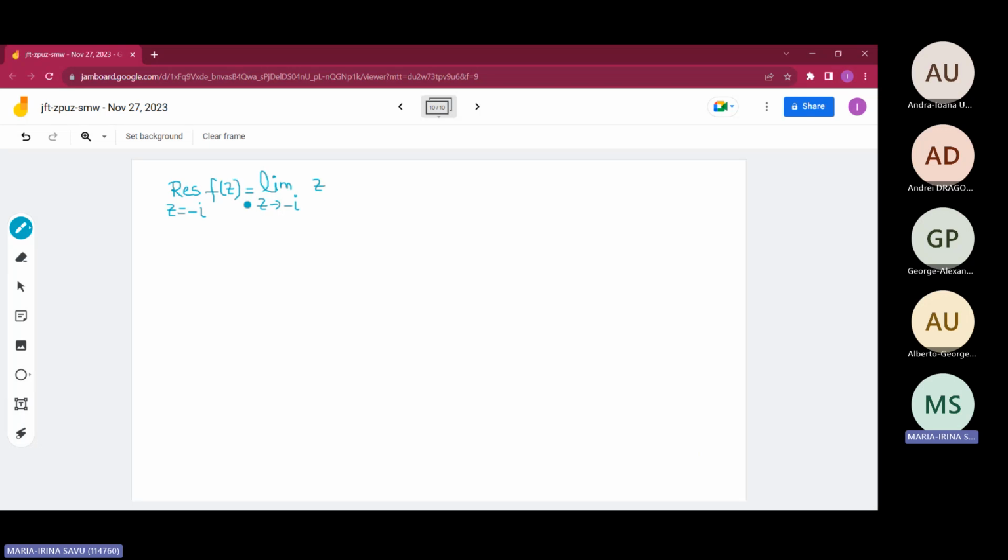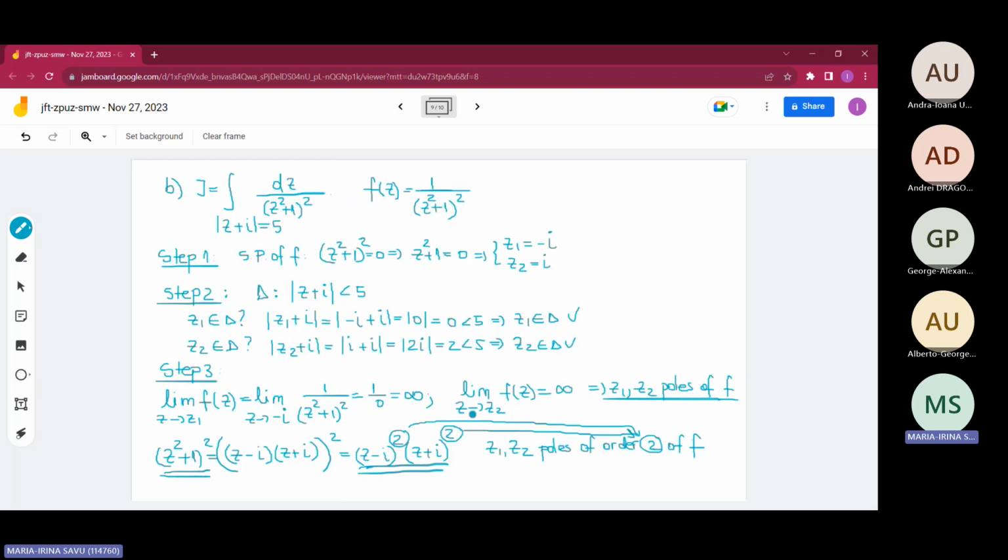I didn't write this because I'm trying to write the important part. So I have z minus the pole, so it is z plus i, everything squared, because I have to put there the order, which is 2, times the function f of z. But this should be 1 over this expression.